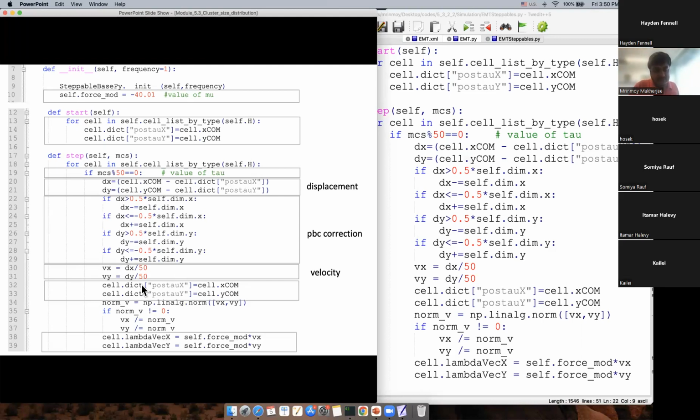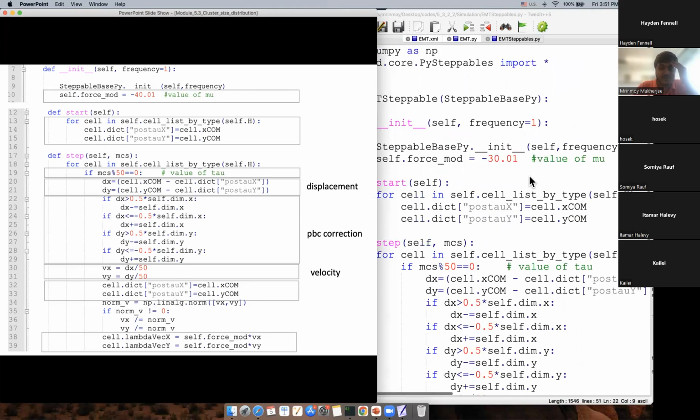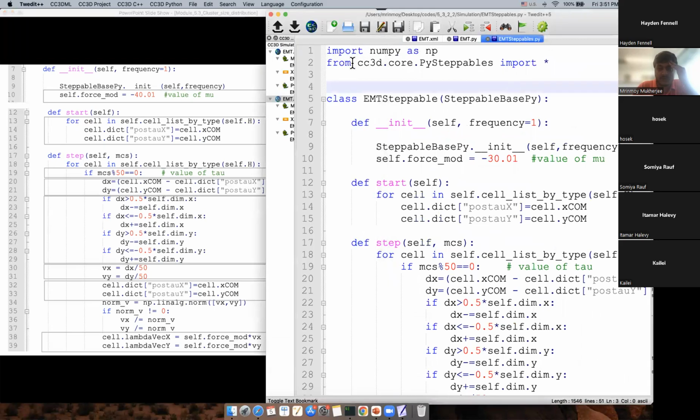To get the direction, you need to normalize it. For normalizing, we use a numpy function, so you have to import numpy as np at the top of the file, as you do in Python.